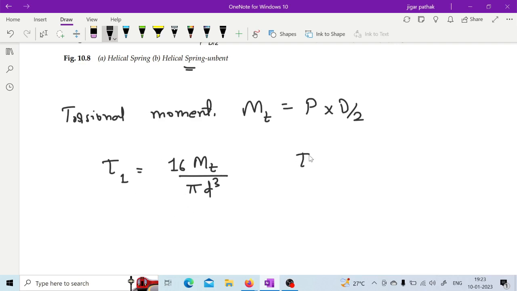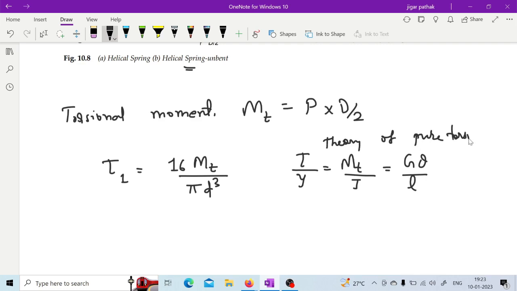It has come from tau upon r is equal to T upon J, is equal to G theta by l, right? So this is the theory of pure torsion. So from this you can calculate what is the shear stress developed because of this torsional moment, right?